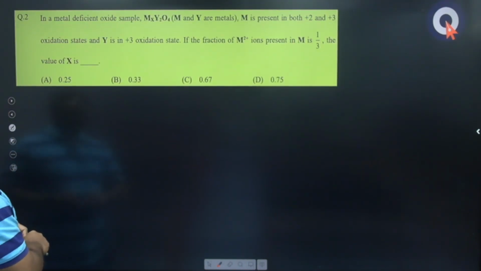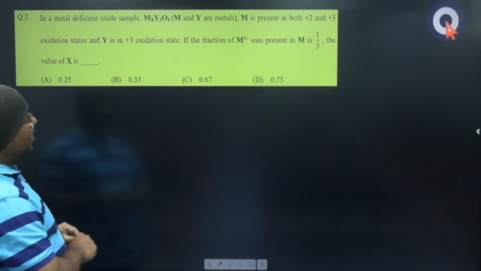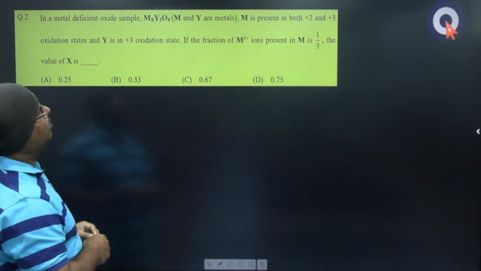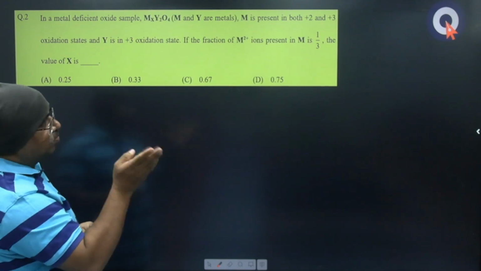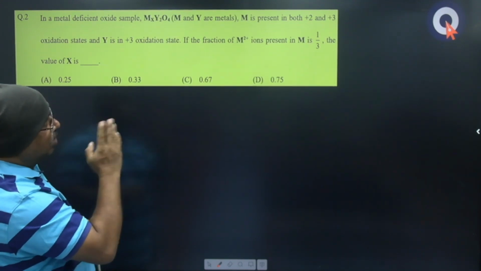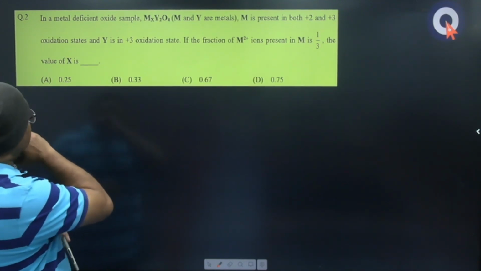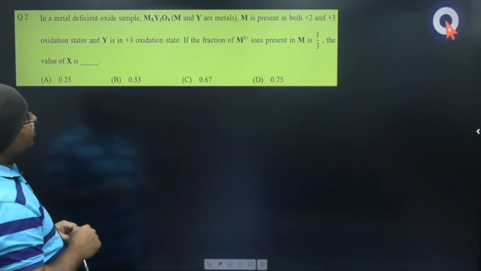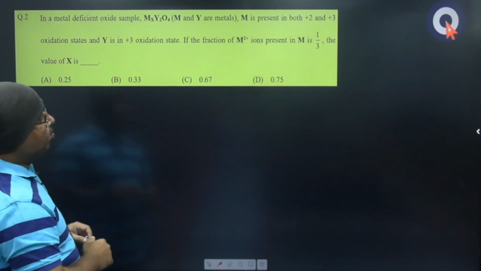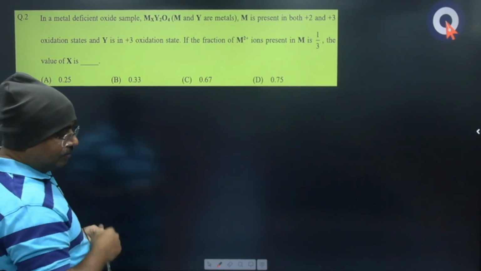Next, a metal deficiency oxide is formed, with a formula of MxY2O4. M has plus 2 and plus 3 oxidation states, both M and Y are metals, and Y has only plus 3. If the fraction of M plus 2 ions is 1 by 3, what is the value of x?